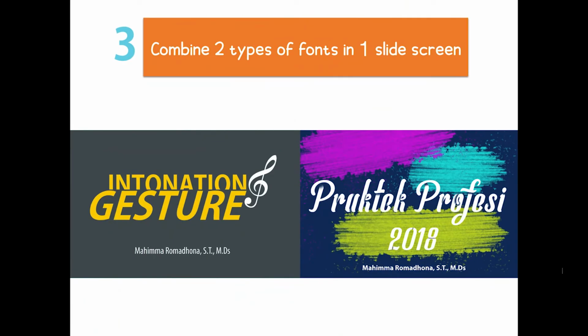Tips number 3. Combine 2 types of fonts in one slide screen so that they are varied and not monotonous.